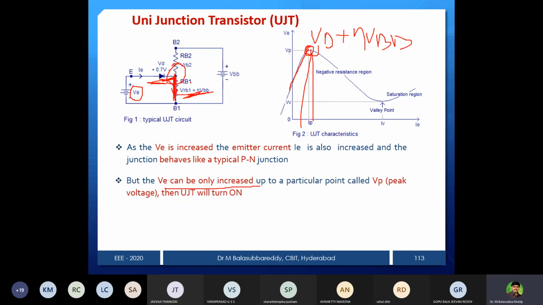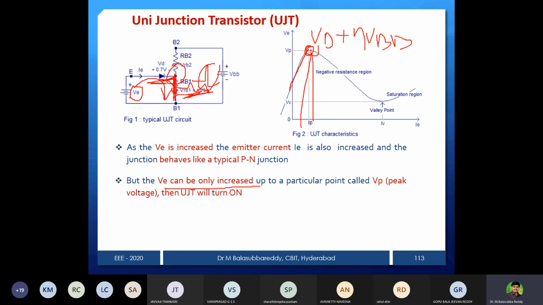Then current will pass sharply through RB1. That sharp spike will be a pulse. That pulse you can connect to our thyristor. We need to generate a firing pulse here, a very sharp pulse, because of the very low resistance.